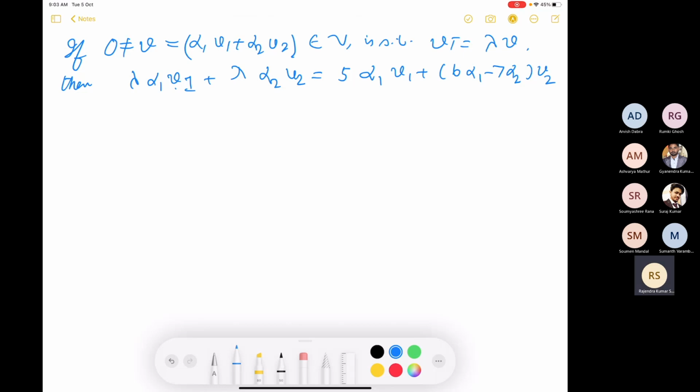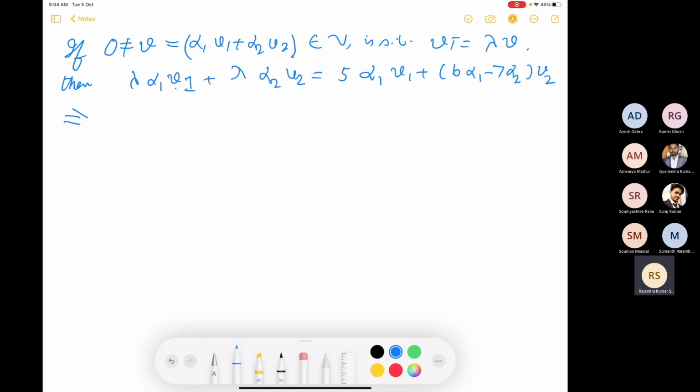And writing this as a linear combination of v1 and v2, and using again, as we have done earlier, that v1, v2 are basis vectors and therefore linearly independent, the linear combination should give the coefficients of v1 and v2, both of them to be 0.